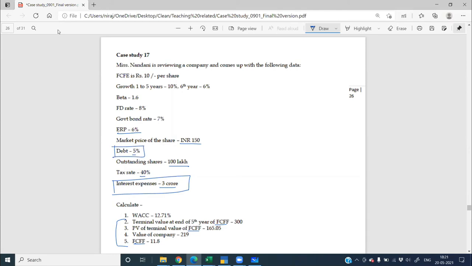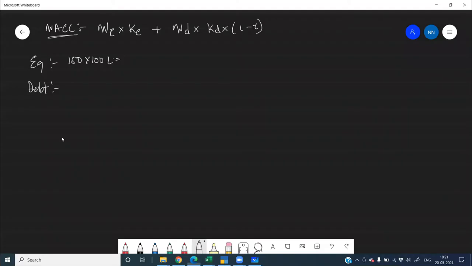Can I do a back calculation and calculate the debt value? Yes, I can. So 3 crores divided by 5%, this will come to 60 crore. Equity is 150 crore, so my total is 210.